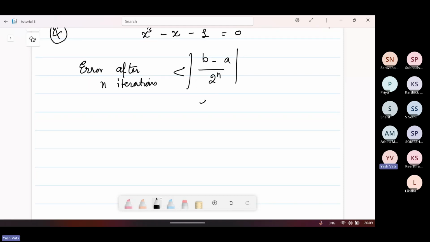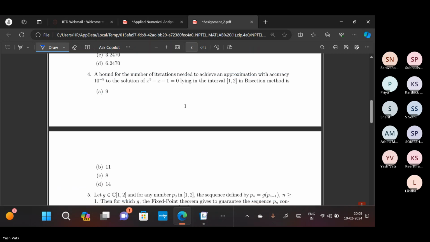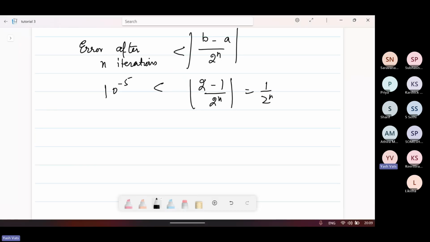So it's just 1 by 2 to the power n. What should be the value of n now? What is the bound?